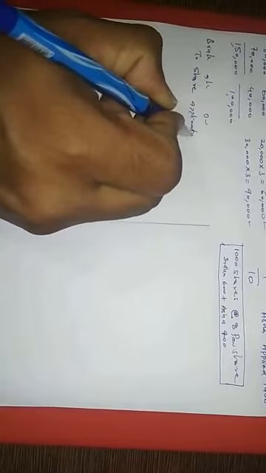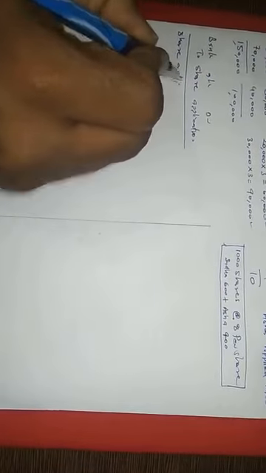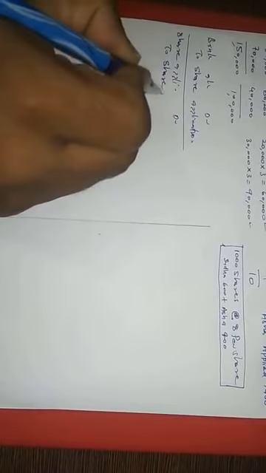First entry will be bank account debited to share application. Second entry will be share application debited to share capital.